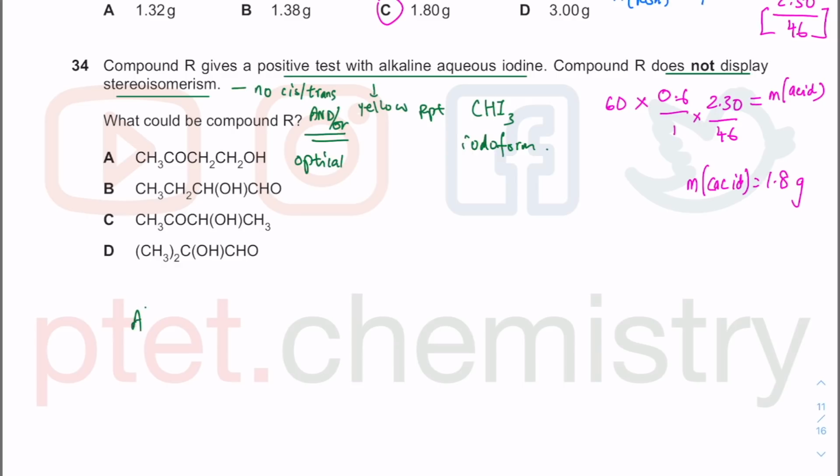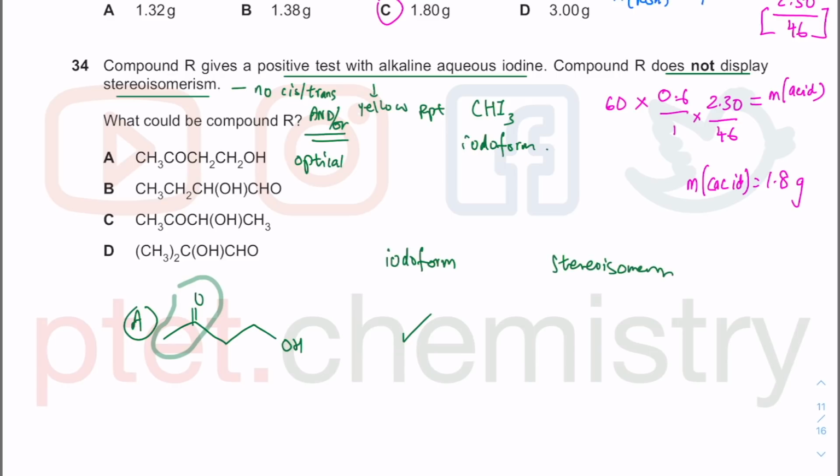So we're looking at option A. We have these ketones, and we have a CH3CO. This will give you iodoform, which is positive. And then the second one is stereoisomerism. Well, we definitely do not have stereoisomerism, because the question wants us to find the compound that does not display stereoisomerism.